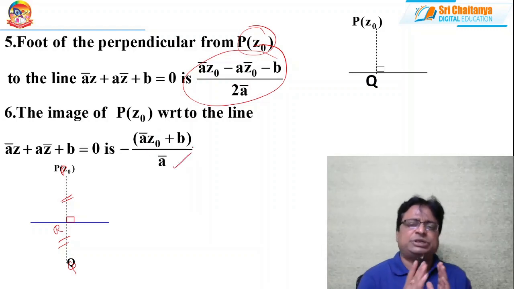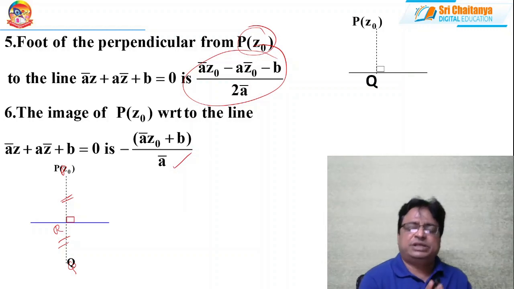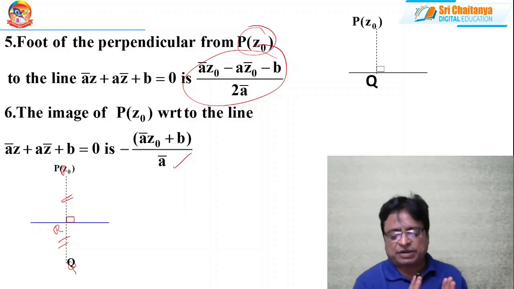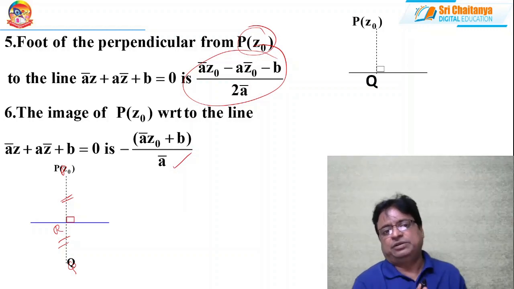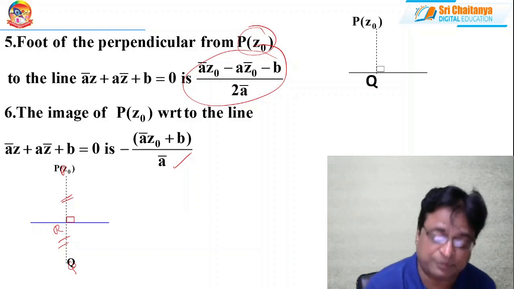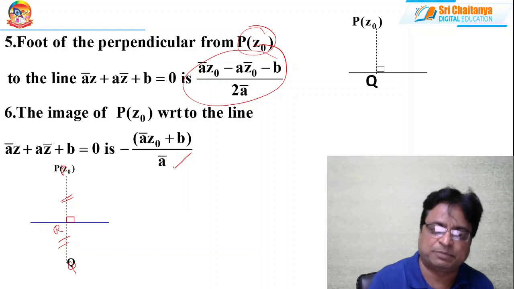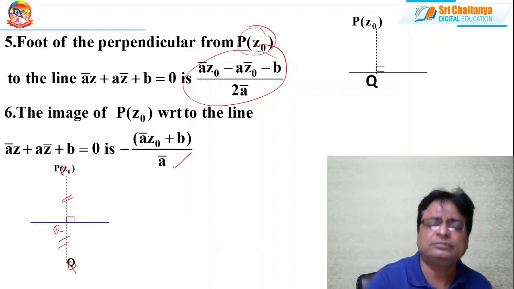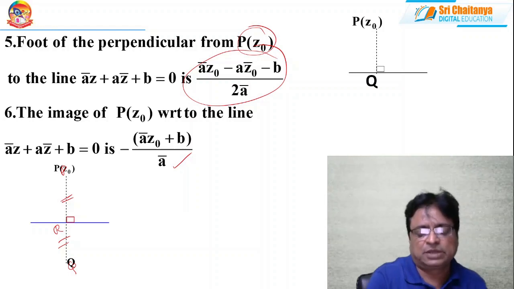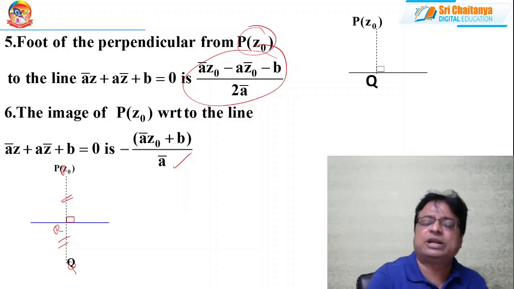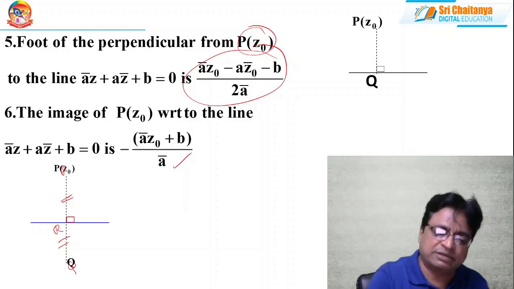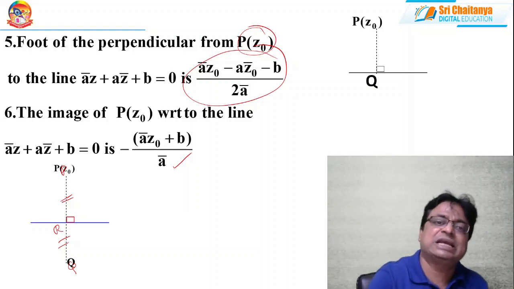These are the most important derivations. Proofs are not required at present. If you want the proofs seriously, I will provide all the proofs in the coming lessons also. But at present, first focus on the formula. Whenever you get any confusion, you just convert them into the Cartesian form, that is in x and y.